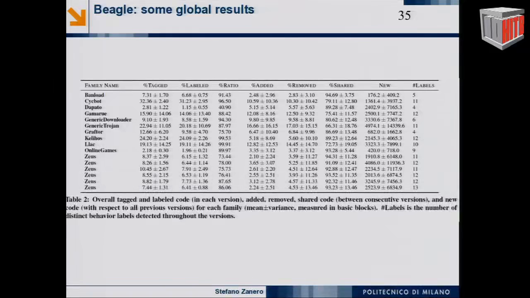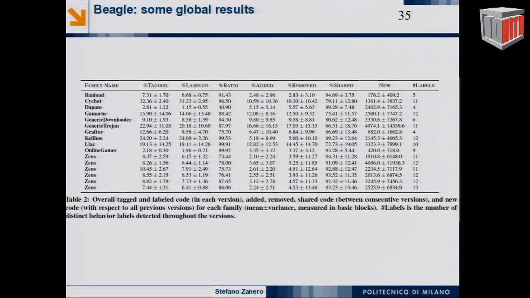So these are some of the results of Beagle. Once again, I don't really want you to try to look at this. You will look at it on the slides more comfortably after the presentation. But basically, what we get out of this as insights is this.